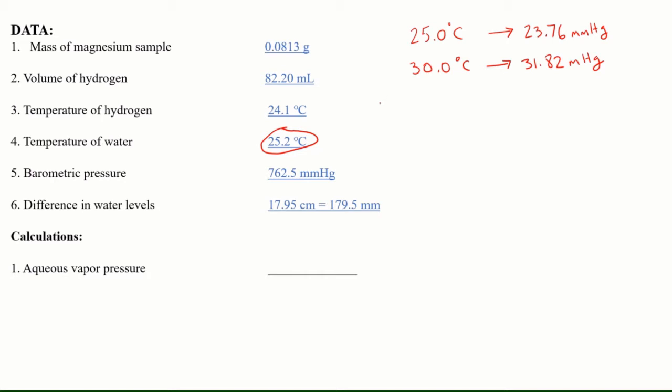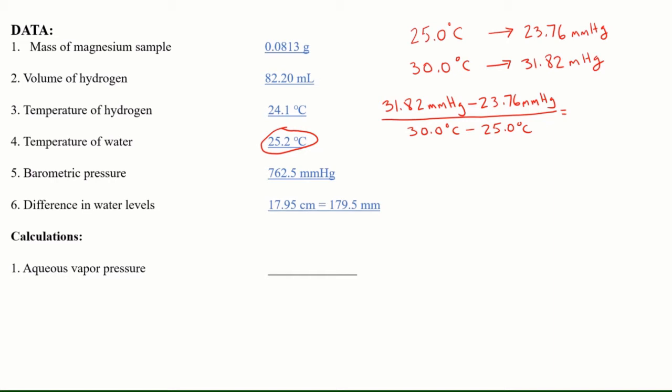Here we will subtract 31.82 millimeters of mercury minus 23.76 millimeters of mercury, and then divide by the change in degrees Celsius, which is 30 degrees Celsius minus 25 degrees Celsius. There's also a sample calculation in your handout that will help you with this.